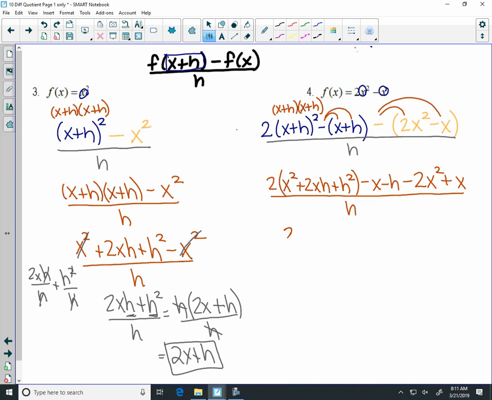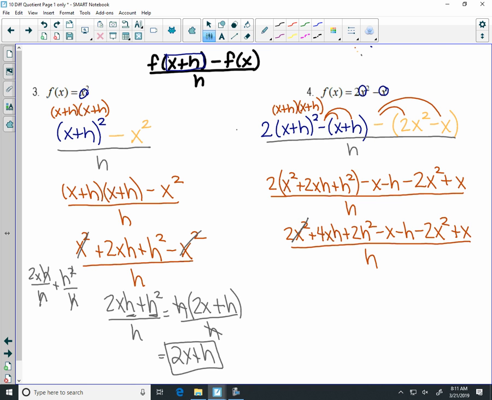So this one is going to take an extra step here of distributing. And end up with 2x squared plus 4xh plus 2h squared minus h minus x minus h minus 2x squared plus x. And now what we want to be able to do is get rid of all of the x terms, hopefully, so that we can cancel our h. If we have an x term left on top, something broke, like we didn't do something right, because then we can't cancel that h.